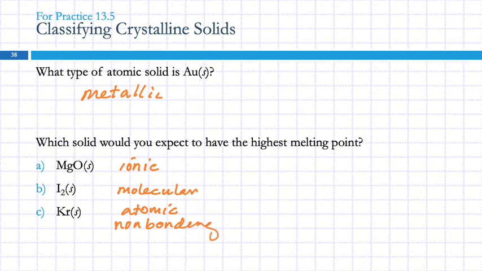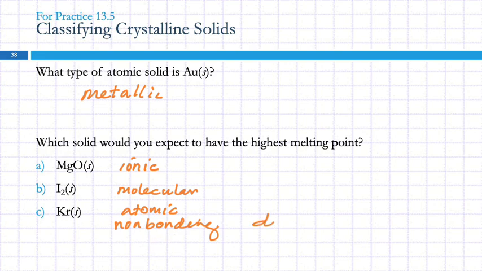So if we want to know which of these is going to have the highest melting point, we're going to think about what's holding these solids together, which one has the strongest thing holding them together. So ionic solids are held together by ionic bonds. Molecular solids are held together by intermolecular forces. And atomic non-bonding solids are held together just by dispersion forces.